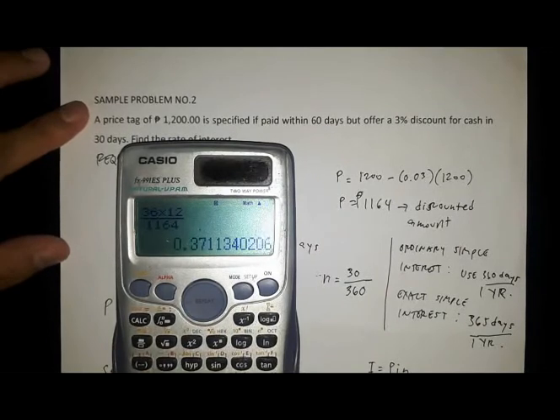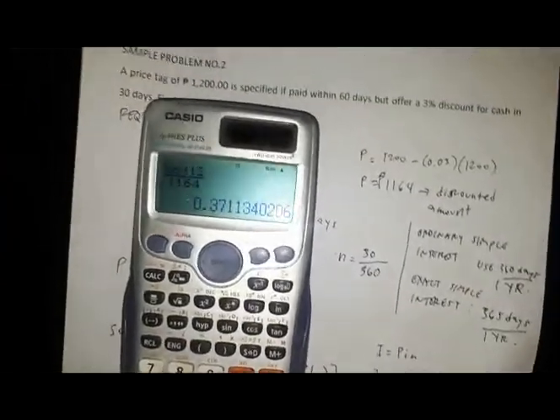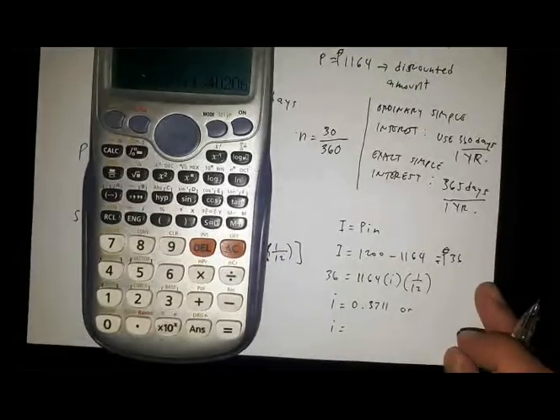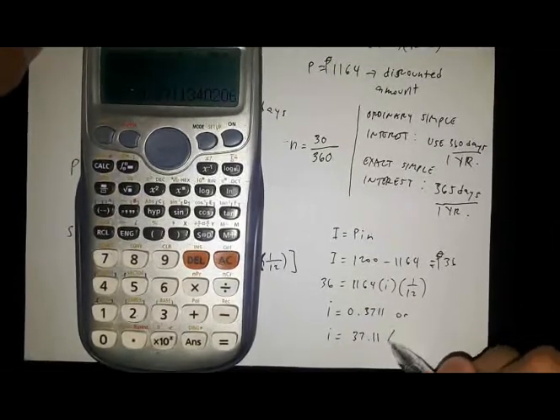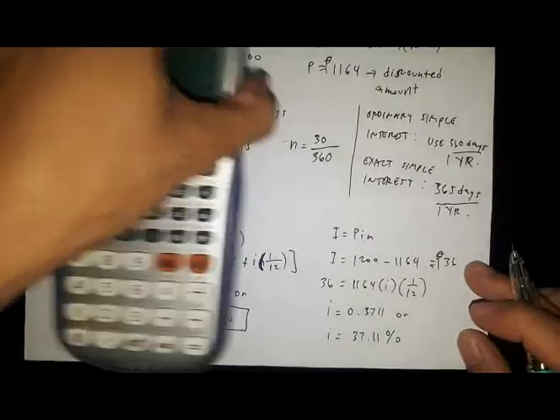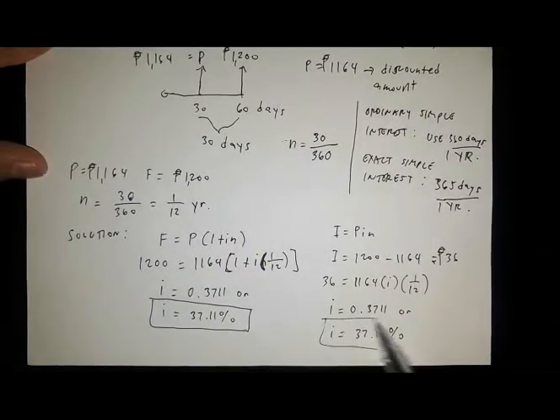So we have again 0.3711 or 37.11%. So we have the same value of i using two different solutions.